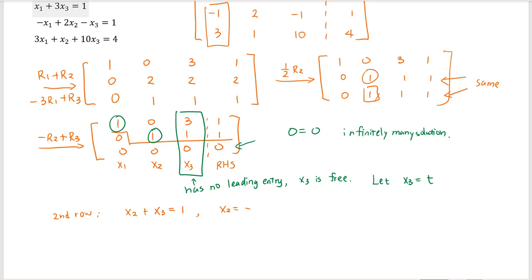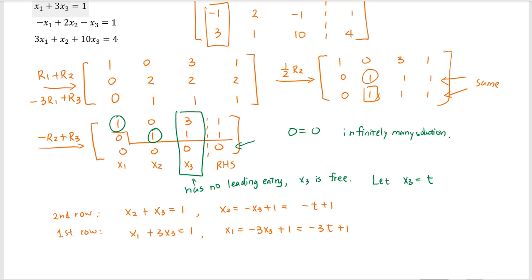So x2 is minus x3 plus 1. x3 is t, so we have minus t plus 1. And then we look at the first row. First row, 1x1 plus 0x2 plus 3x3 is 1. Alright, so x1 is negative 3x3 plus 1. Well, x3 is t, so then we get x1.